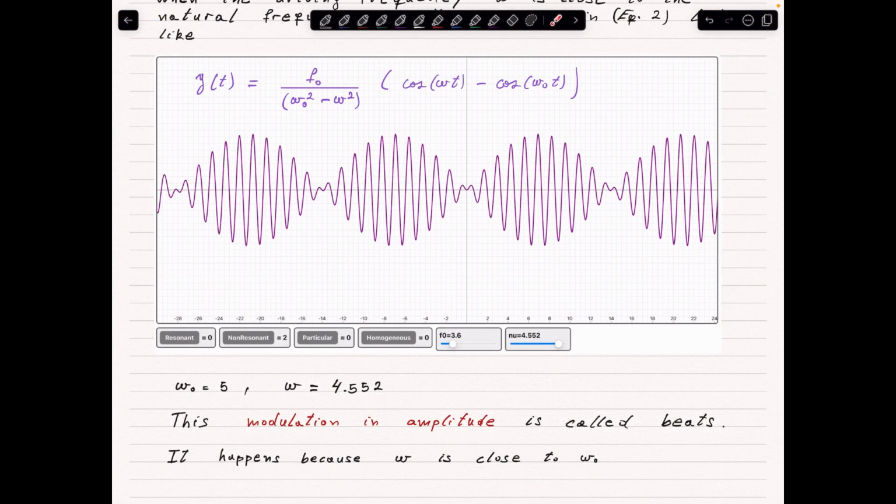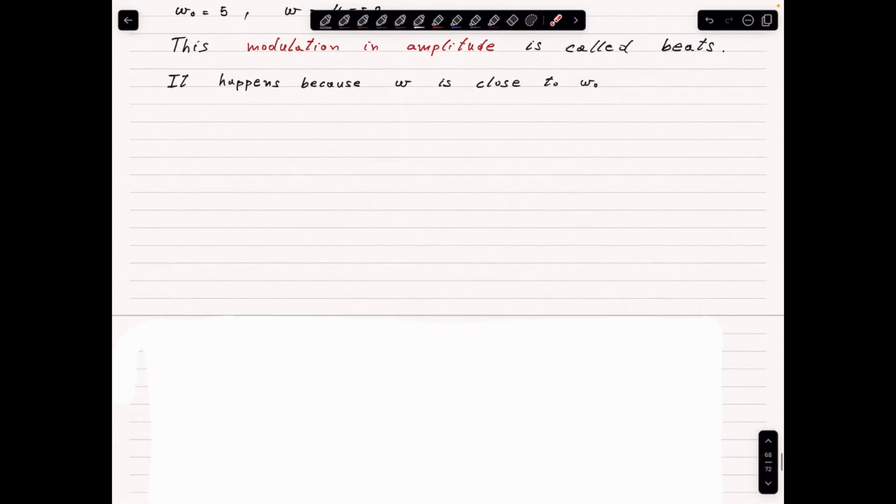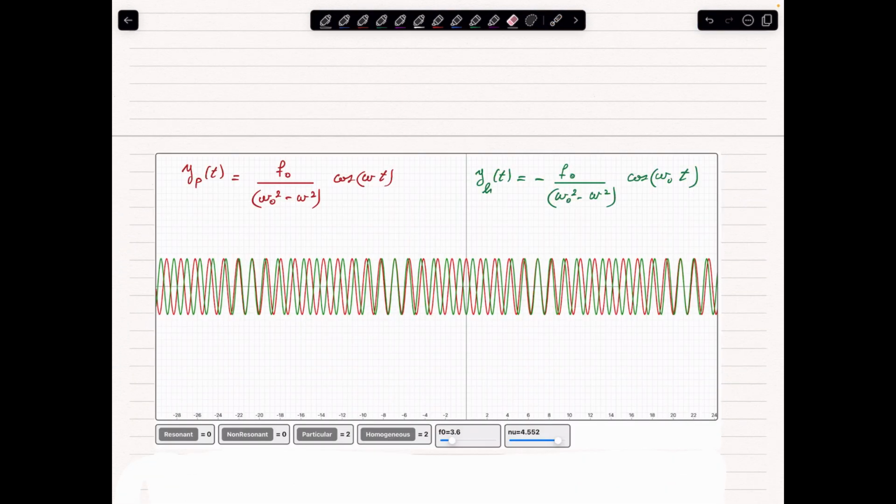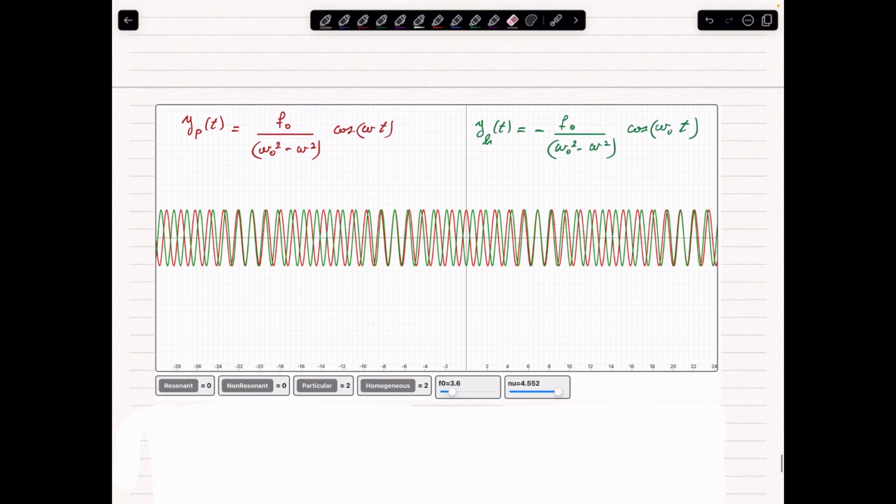Now we are back to our notes, and to what we just saw in the interactive graph. Here I have some static pictures of what we saw. We are plotting one term of the solution in red, this function here. The other term, with a negative sign, is in green, in here.